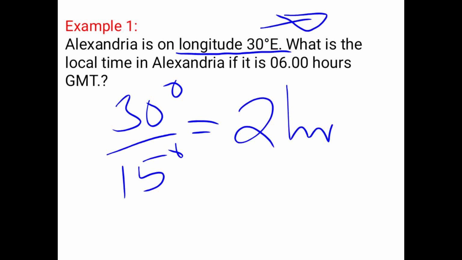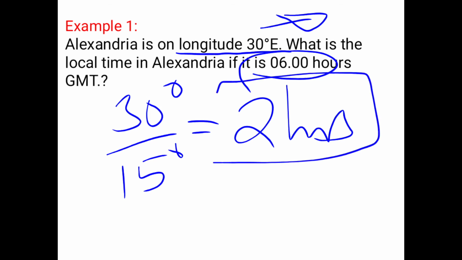2 hours. Okay, meaning that the GMT is 06 hours. So if Alexandria is on the east and on 30 degrees, meaning that time was gained. So these 2 hours represent the time which was gained.